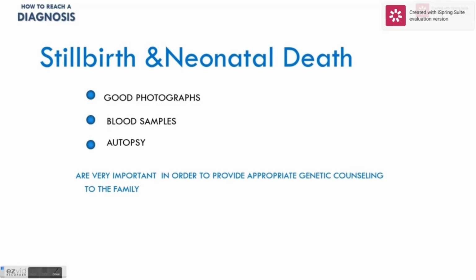We need to collect photographs of these patients, take enough samples, do a skeletal survey, and if possible have somebody examine the organs if it's allowed. So stillbirth and neonatal death are important to examine, and do not forget consulting a dysmorphologist.